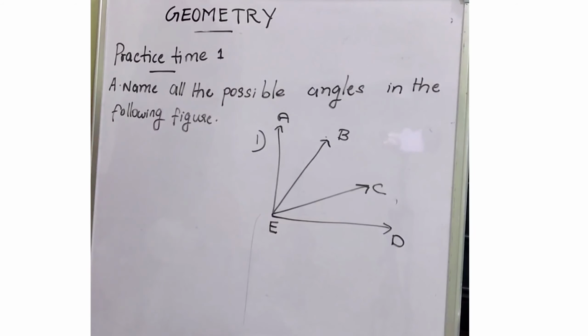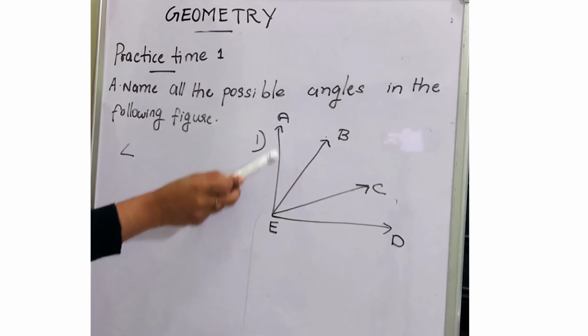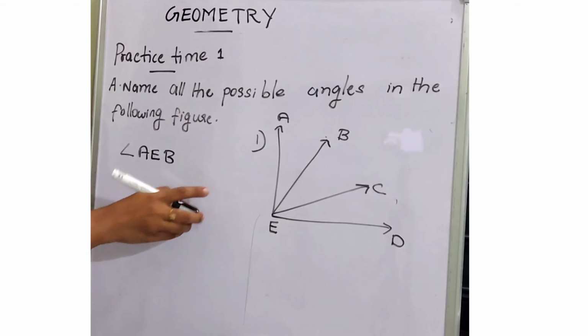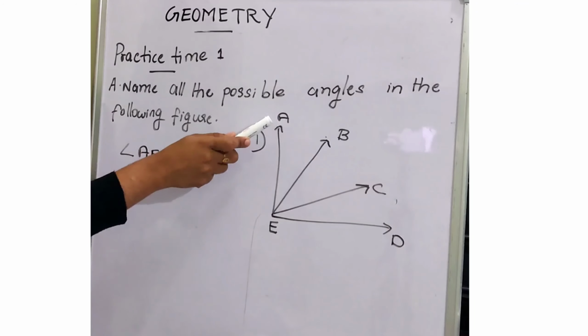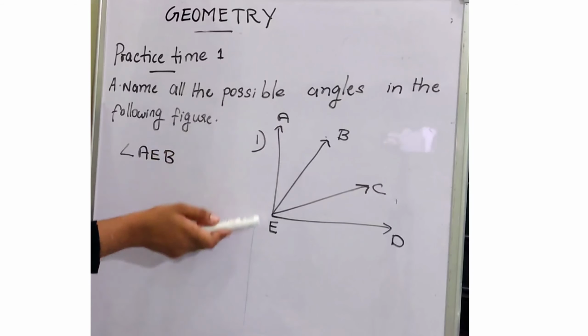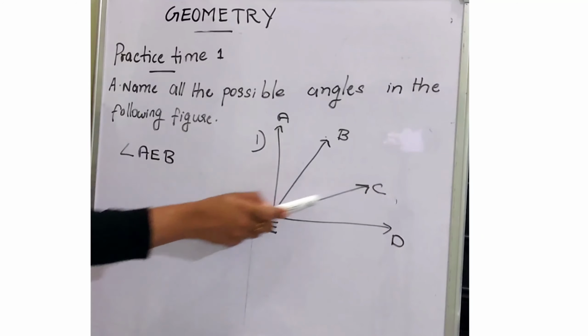Here I can show you one angle, that is angle AEB. This is angle AEB. Now what is the next angle? The next angle you can get by using this ray EA itself: angle AEC.